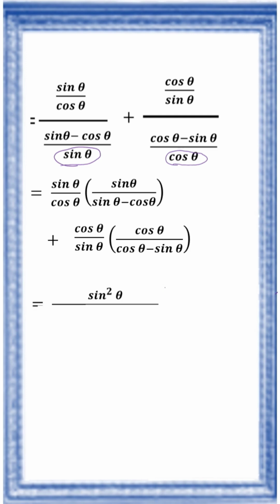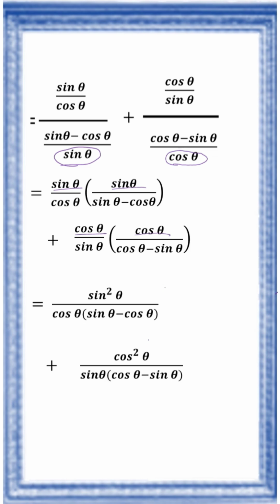Here sin theta into sin theta, sin square theta upon cos theta into sin theta minus cos theta, plus here cos theta into cos theta, that is cos square theta upon sin theta into cos theta minus sin theta.